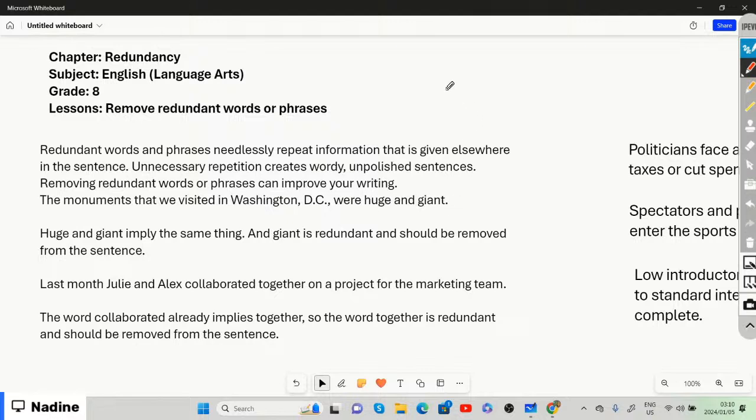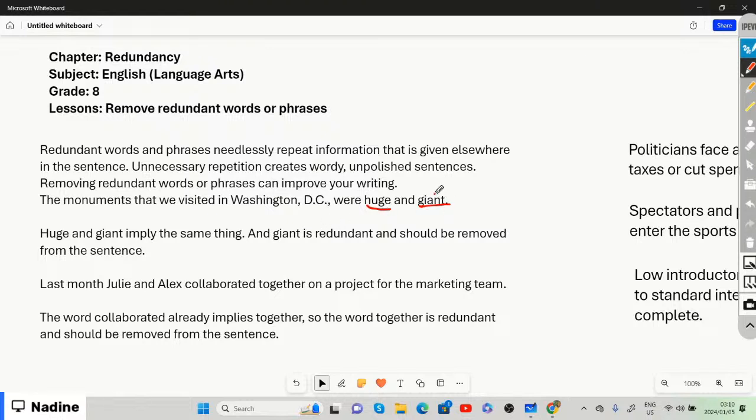Even if you listen to how it is being read, the monuments that we visited in Washington, D.C. were huge and giant, right? It just creates wordiness. It just adds to the length of the sentence, and it kind of sounds like an unpolished sentence. And that is mainly because huge and giant mean the same thing.